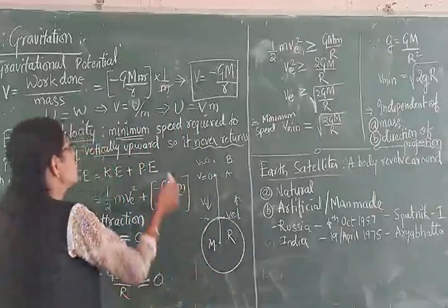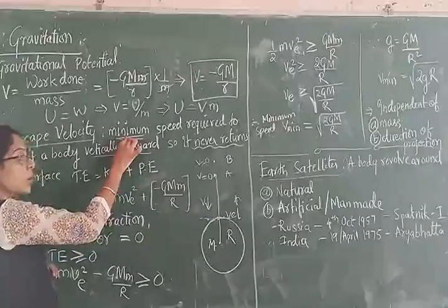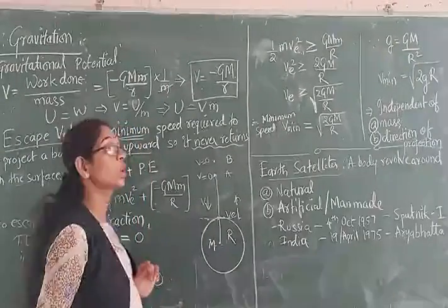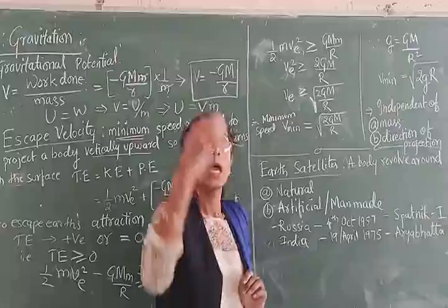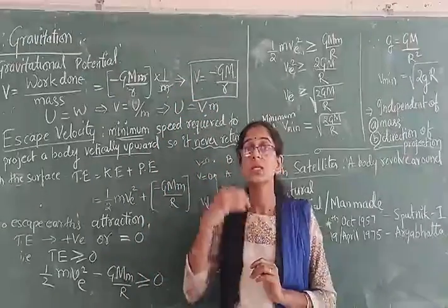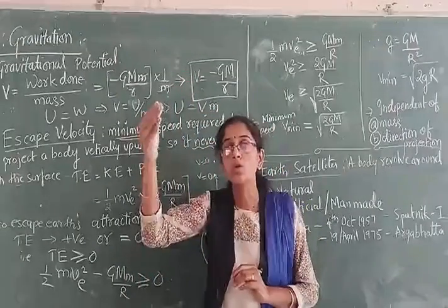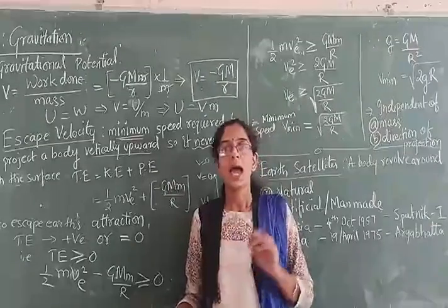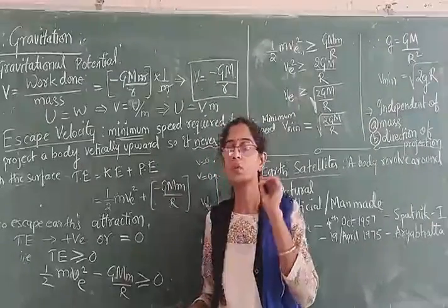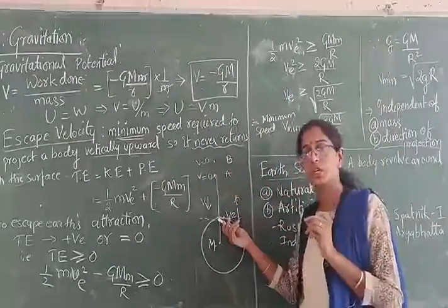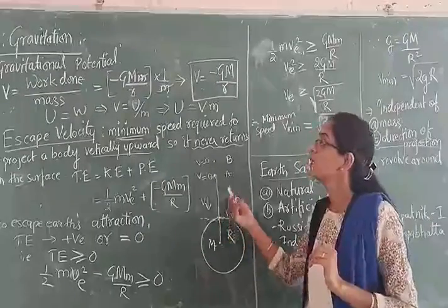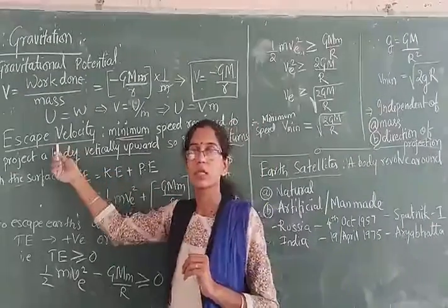So it is the minimum speed with which, when the object is thrown above the surface of the Earth, it won't return back. Means it will go just out of the Earth's gravitational pull. And that minimum speed with which we need to throw the object from the surface of the Earth is called as what? Escape velocity.